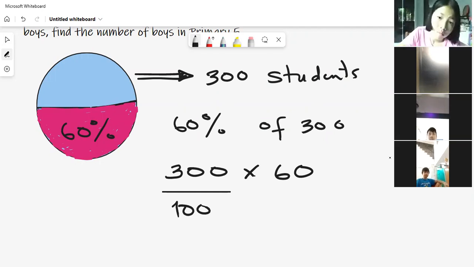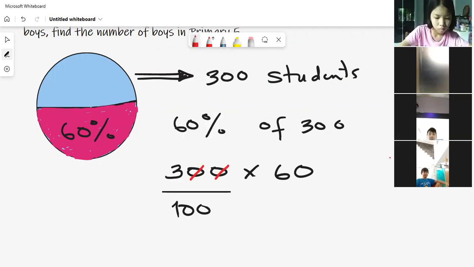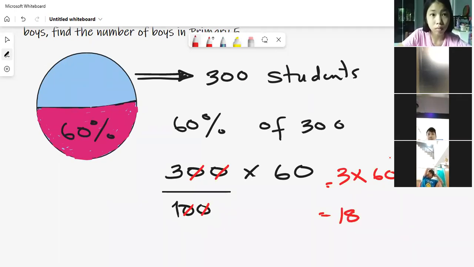Now I will give you the easiest one. We can remove the zeros. So it will become 3 times 60 over 1. 3 times 60 is 3 times 6, 18, add the 0, 180.